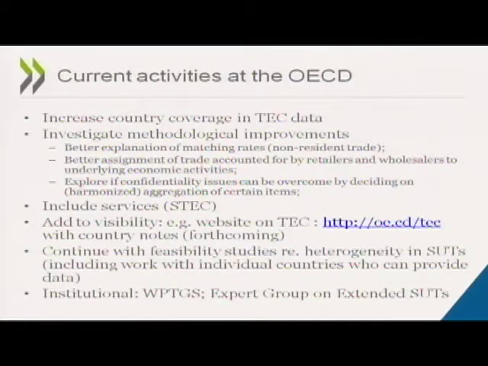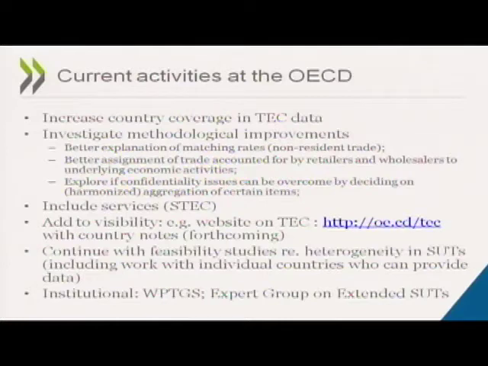I think it's also important to highlight that we don't do this as a small research activity on a Friday afternoon. This is something we've been quite explicitly asked to do by our working party on trade in goods and services statistics at the OECD, which is part of the committee on statistics and statistical policies.